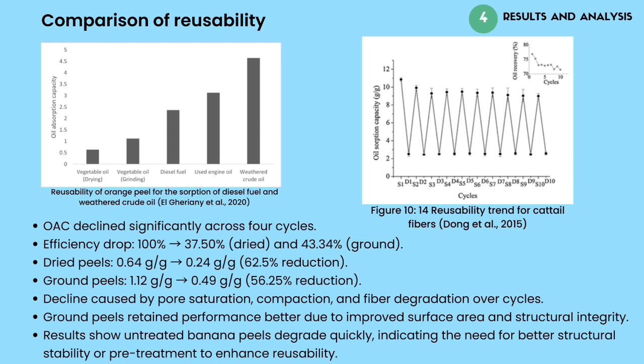The reduction in efficiency for both samples is caused by pore blockage, oil residue buildup, and fiber degradation. Overall, the ground samples prove to be more durable, but both types are better suited for single-use application due to significant performance decline after multiple uses.